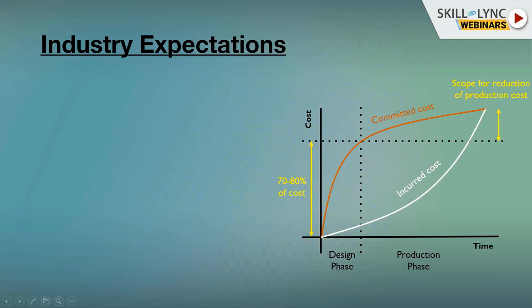So as a design engineer, we have the opportunity to reduce the cost by 70 to 80%. Once the design is frozen, the steel is cut, and the plastic is being manufactured, only 20 to 30% scope is there to reduce cost in the production phase.